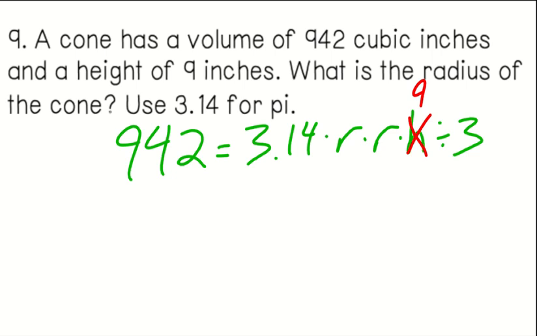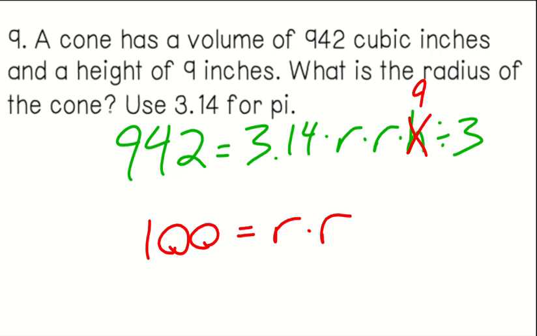All right, we're going to keep going. I have a times 9, right? What's the opposite of times 9? Divided by 9. So we divide that by 9. I got 314. I got a times pi, right? So we divide by pi. So 314 divided by 3.14. What that leaves me with is 100, and I've got the two radiuses being multiplied together.